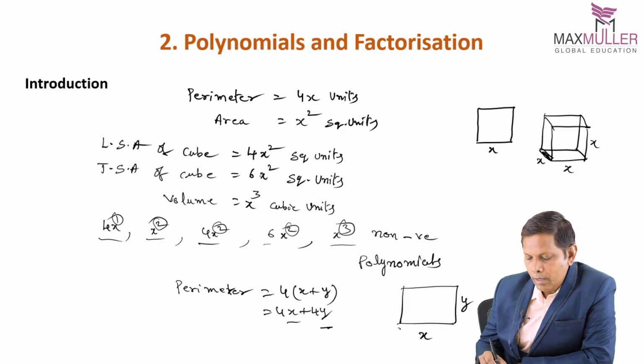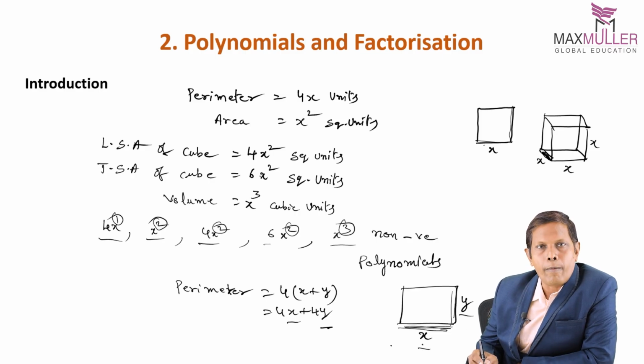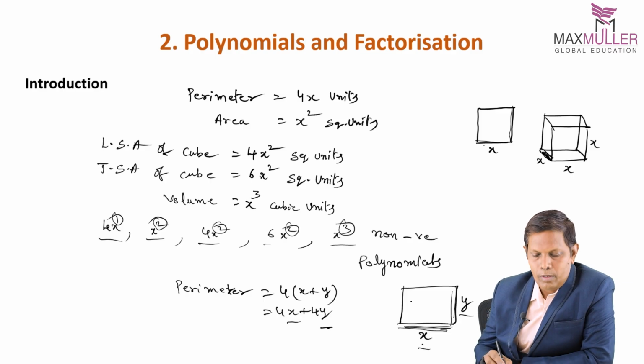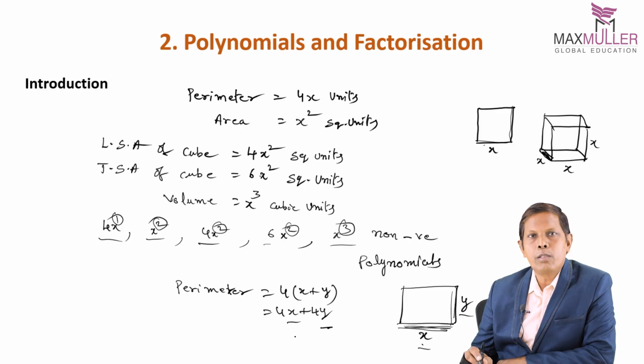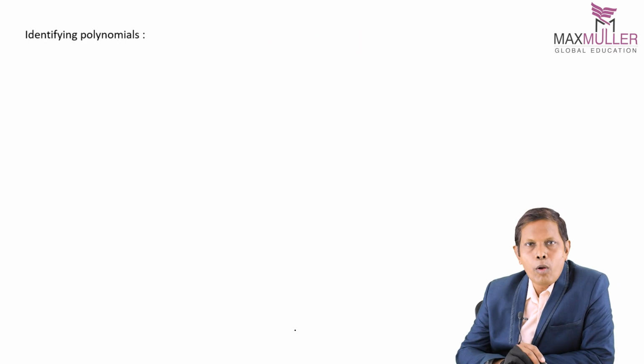Because here the length and breadth are not equal, like a square. In the square both are equal, here they are not equal. That is the reason we are taking x here and y here, differently.